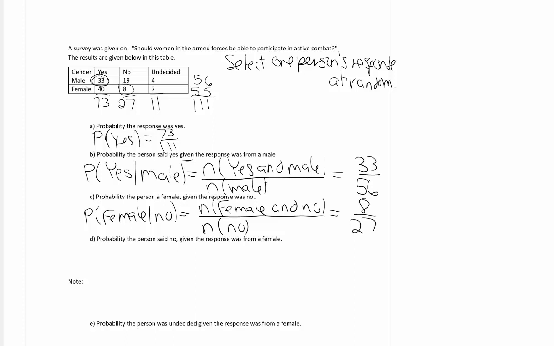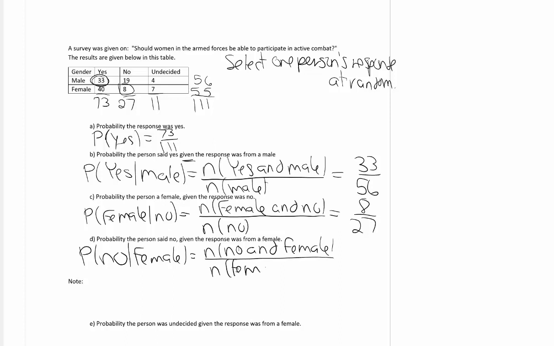All right, let's take a look at part D. The probability the person said no given the response was female. So here the probability is no given female. Well, that's the total number of no and female over the total number of female.